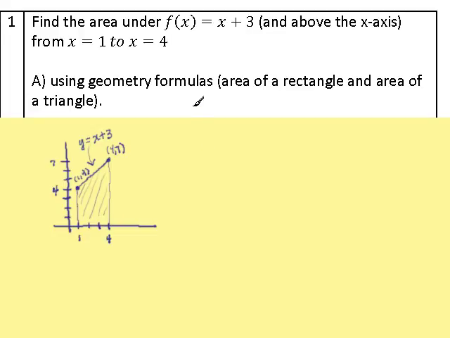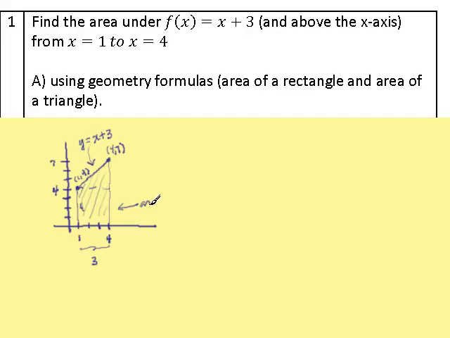So we want to first use geometry formulas to find this area. So let's divide this area up into a rectangle and a triangle. This rectangle has base, length 3, and height 4.